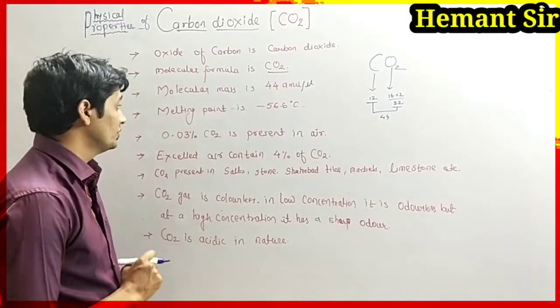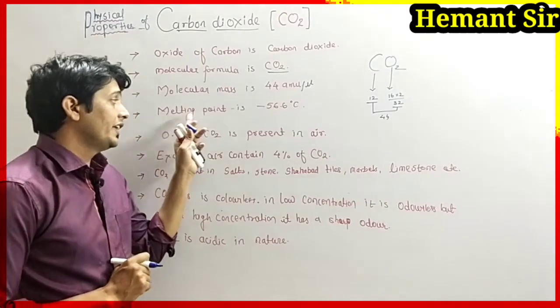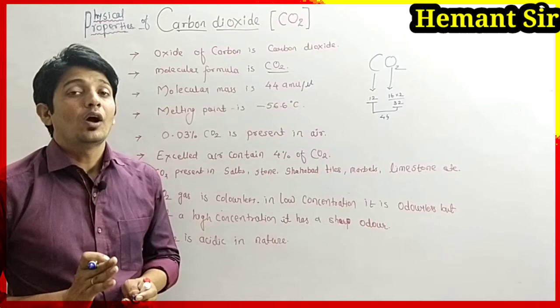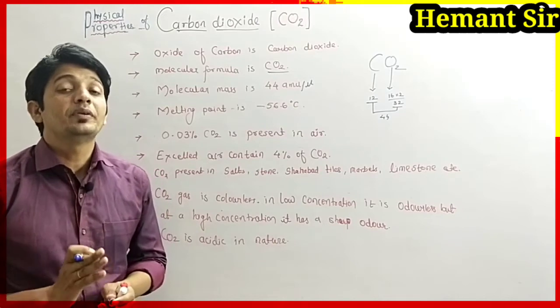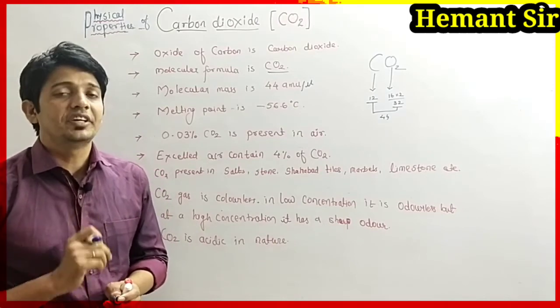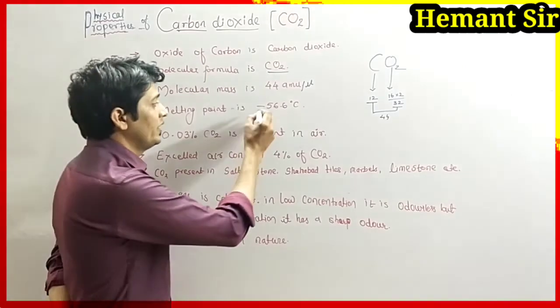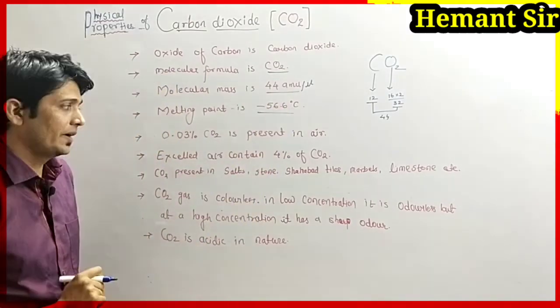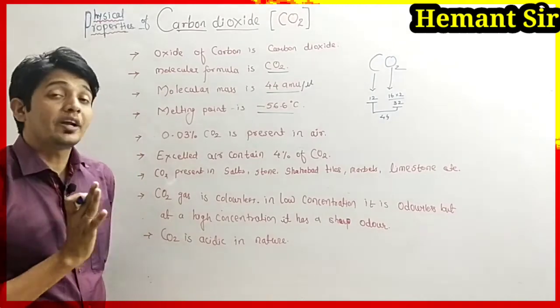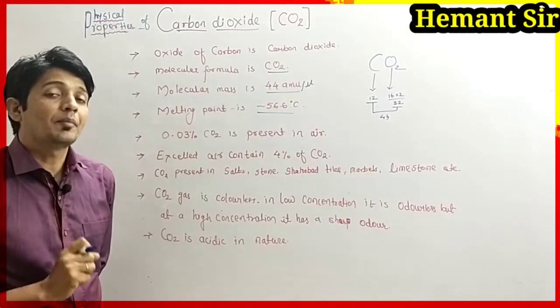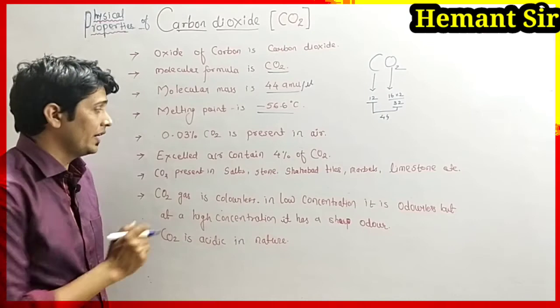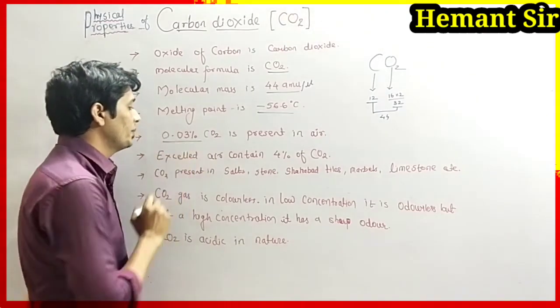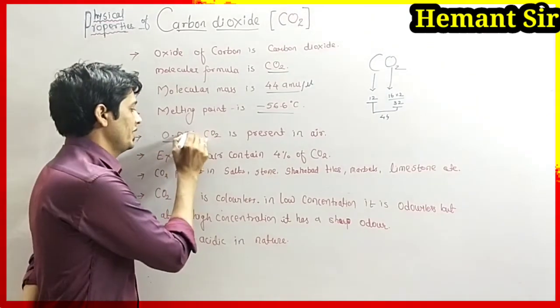Next, the melting point of carbon dioxide is minus 56.6 degrees Celsius. Again, it is an important part that you have to remember. Then in our atmospheric air, carbon dioxide is present in only 0.03% composition.